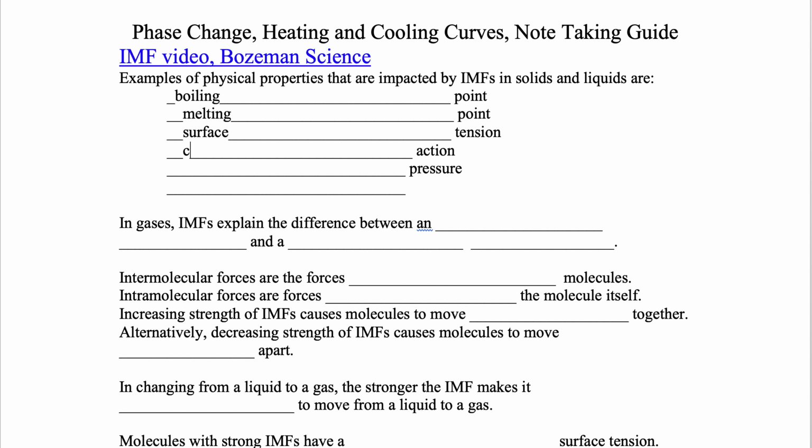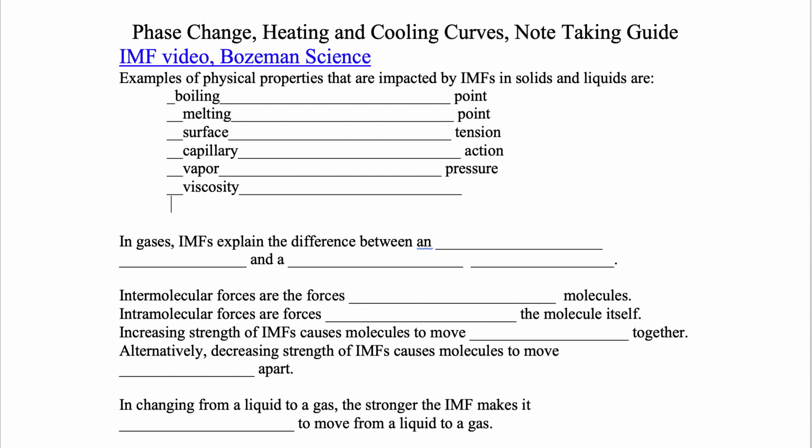That would be capillary action. Vapor pressure is inevitably on my list. And I believe this one is volatility. Wait a minute, let's put viscosity. Vapor pressure and volatility are similar, so I'm going to put it in there, volatility.